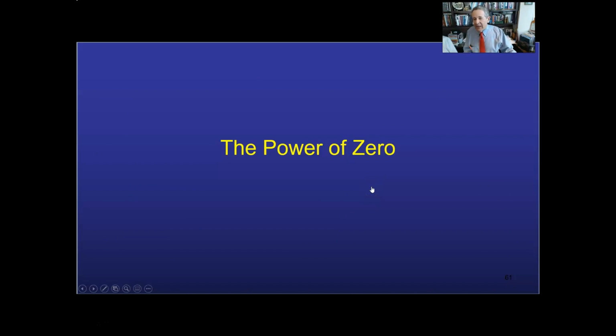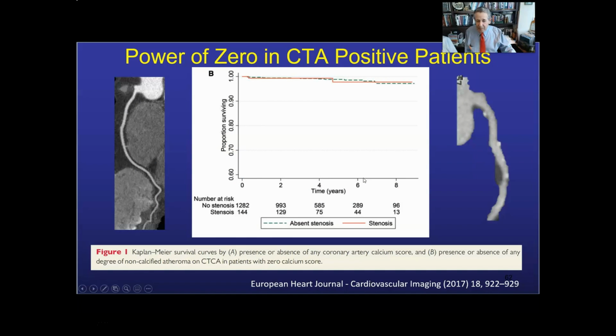Now, very important in the clinical treatment is the concept popularized by my colleague, Dr. Khurram Nasser, the power of zero. And this is so important because I don't care what your cholesterol or risk factors are. If you have a zero calcium score, you have a good prognosis.